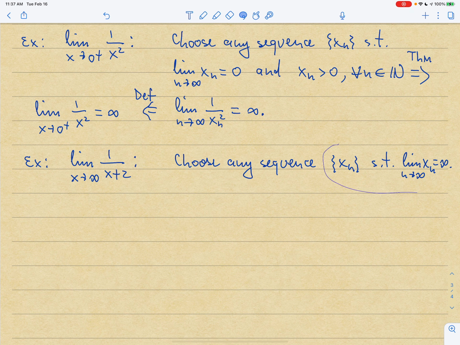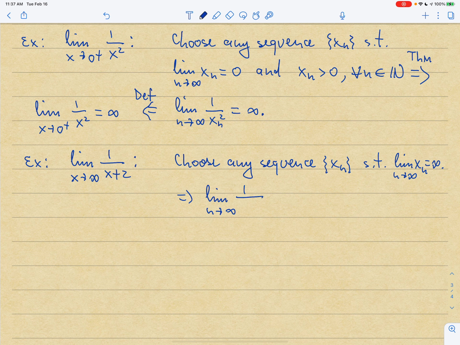I should be able to always select a sequence like that. Along that sequence, in fact, my function 1 over x plus 2 is always defined. So as I said, for S, for instance, I can take all x's greater than 0. Okay, and then in this case, what is the limit as n goes to infinity of 1 over xn plus 2?